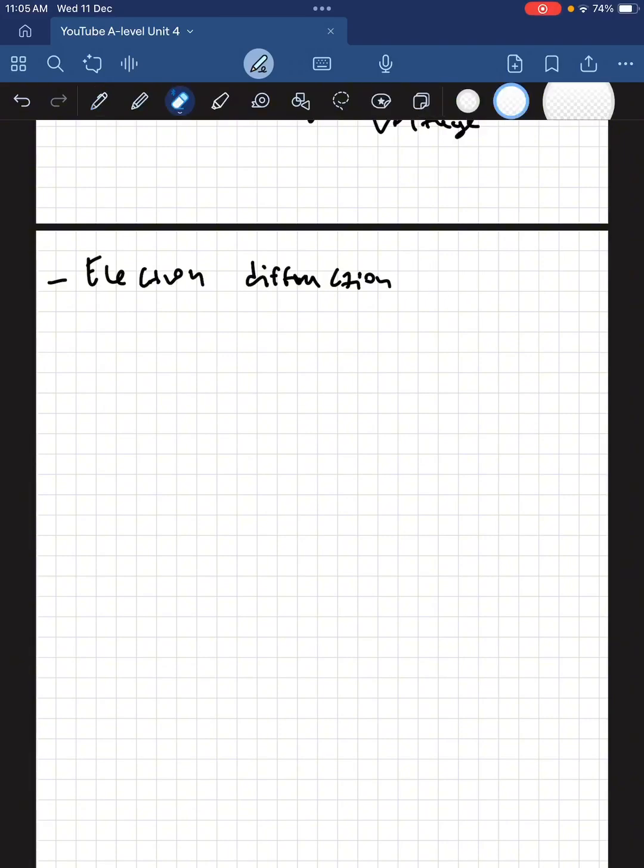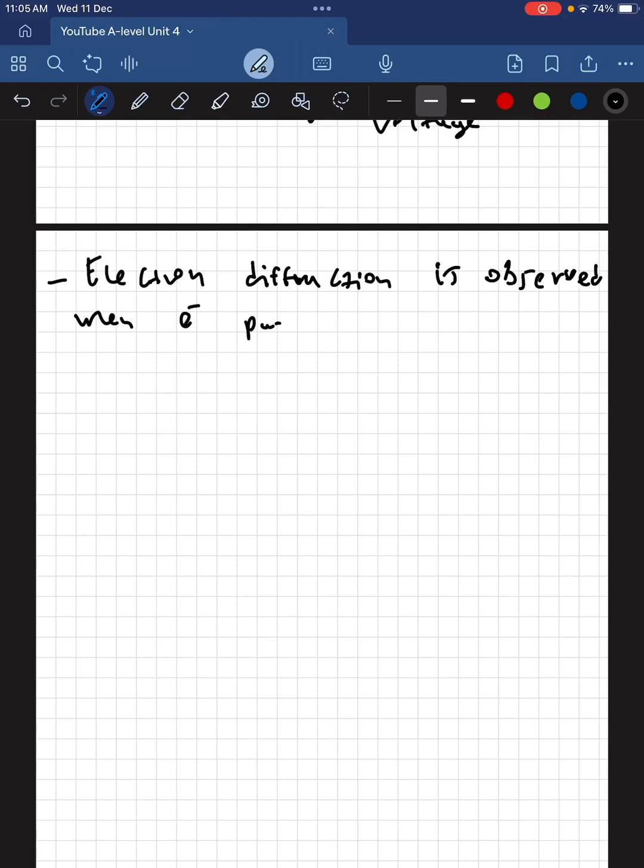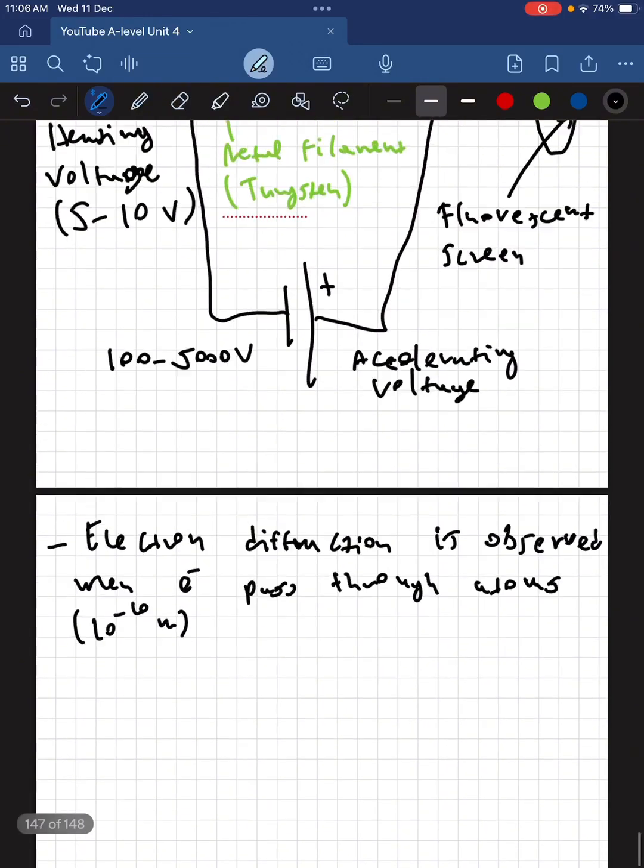Electron diffraction, or electron diffraction phenomena, is observed when electrons pass through atoms, so through sizes of about 10 to the negative 10 meters.